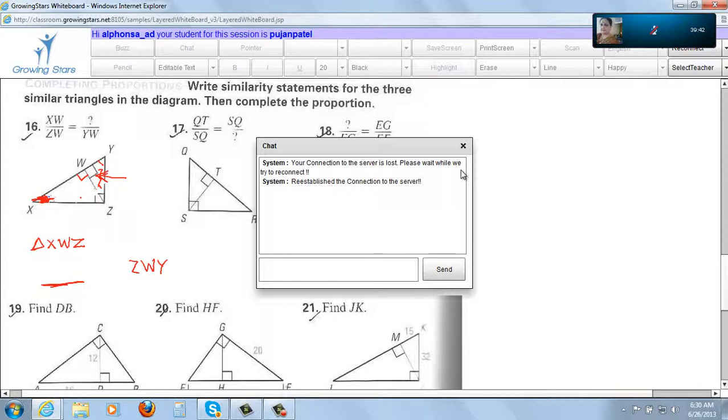Okay, now once that is done, how will you fill up this blank? You have XW, ZW, so it's between this and this. Is it ZW? Yes, correct.